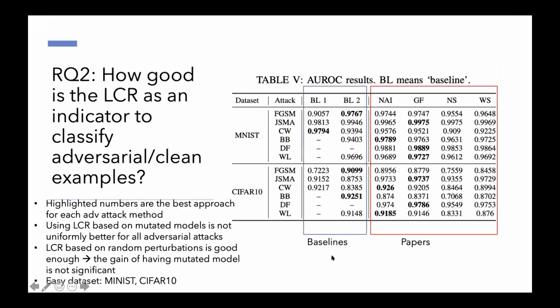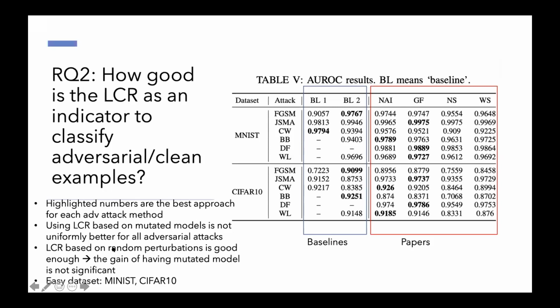Ruofan, please go on. They compare the area under the ROC curve for the baselines and for the 4 kinds of mutators they are using. The highlighted numbers are the best approach for each adversarial attack method. We can see that using label change rate based on mutated models is not uniformly better for all adversarial attacks.